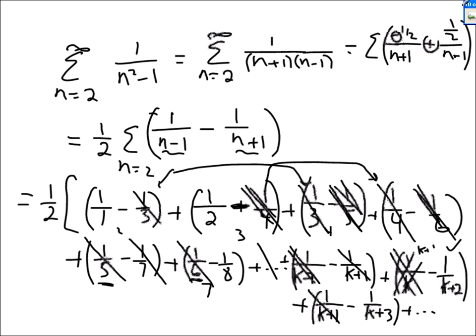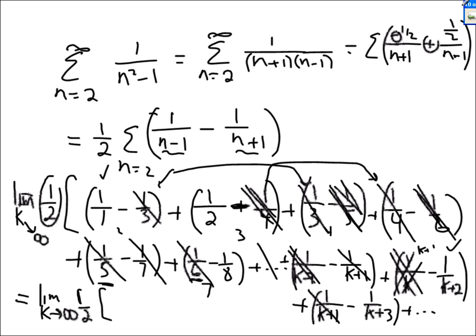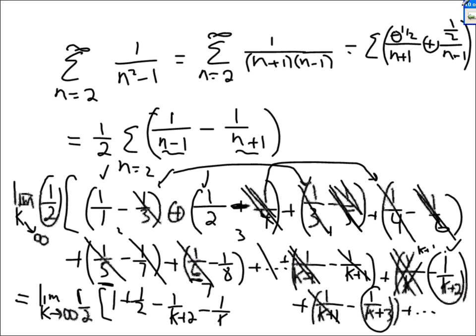Okay, now, if you take the limit as k goes to infinity, what survived is the 1/2 all the way in front, the 1 over 1, which is 1, plus the half, and minus 1 over k plus 2, minus 1 over k plus 3.